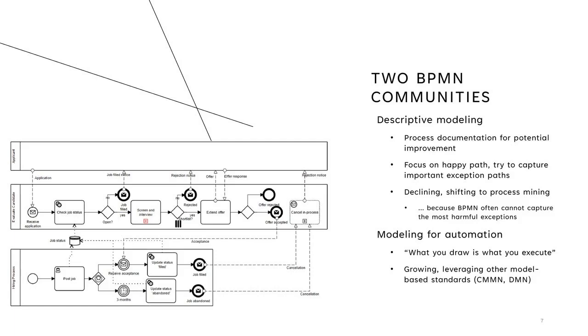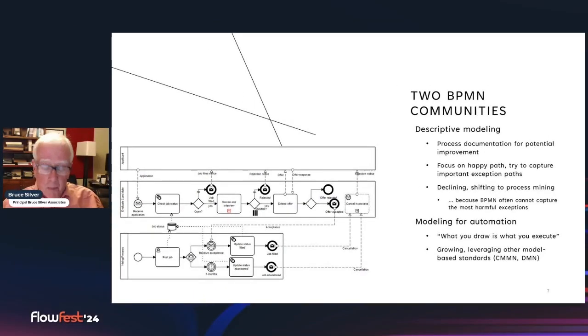And here's why. In a descriptive modeling team, there are typically meetings and workshops. You're probably familiar with these, where the facilitator asks, how does the process start? What happens next? And so forth. And that's good for capturing the happy path, the normal activity flow to a successful end state, which is the main interest.